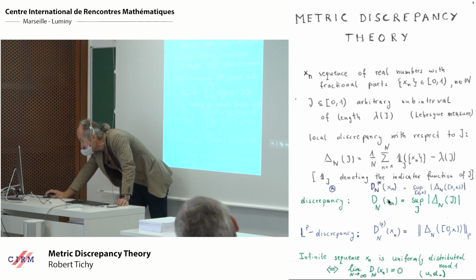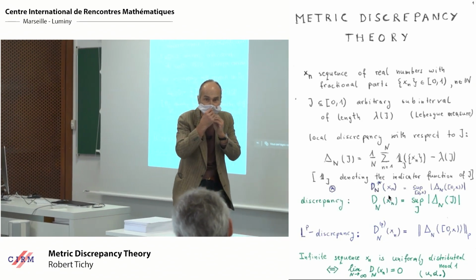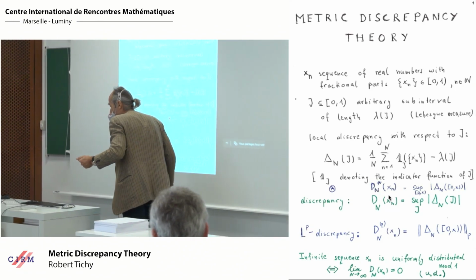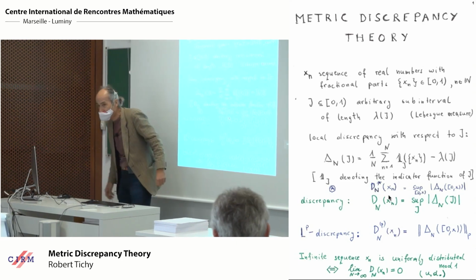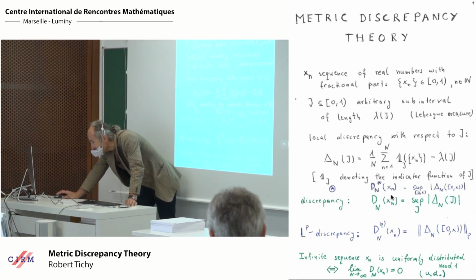So of course this is larger than this, but those quantities are more or less the same. They just differ by some possible constant, 2 in the one-dimensional case, and in higher dimensions, of course, it depends on the dimension, which is there more important.